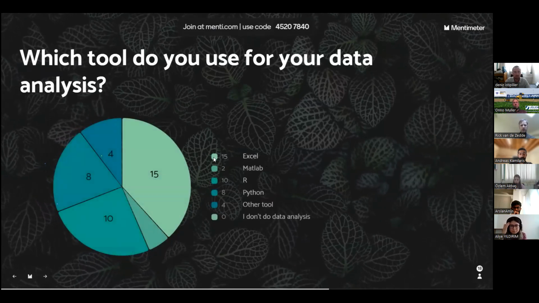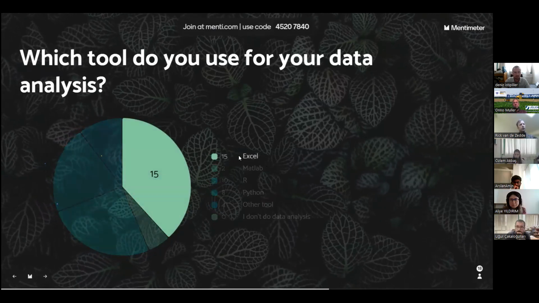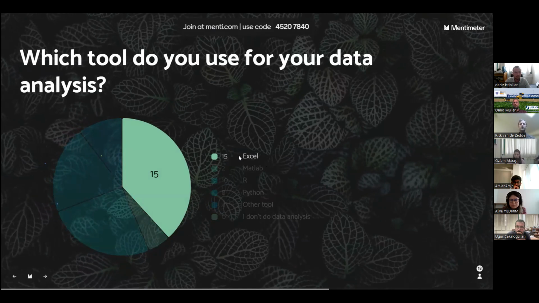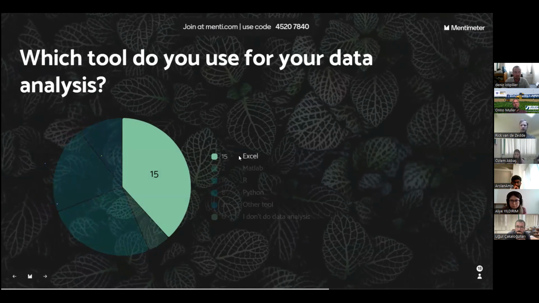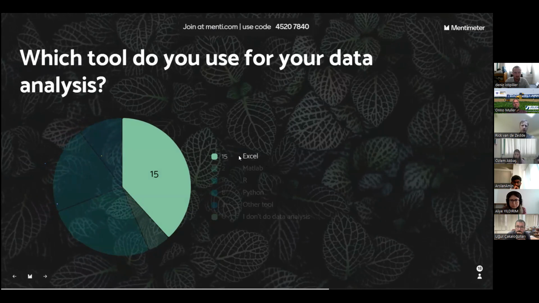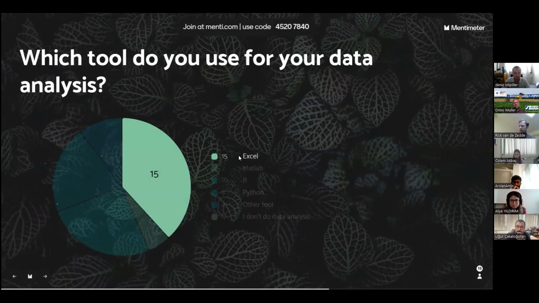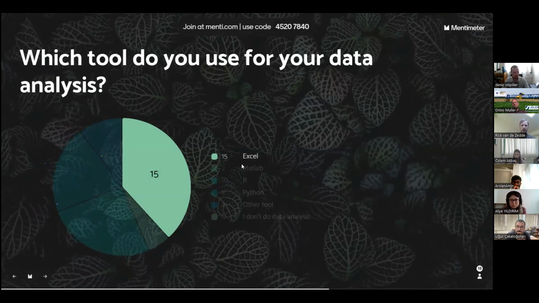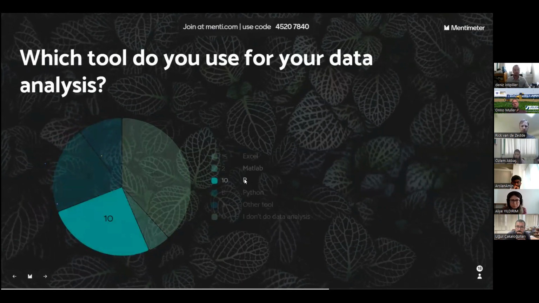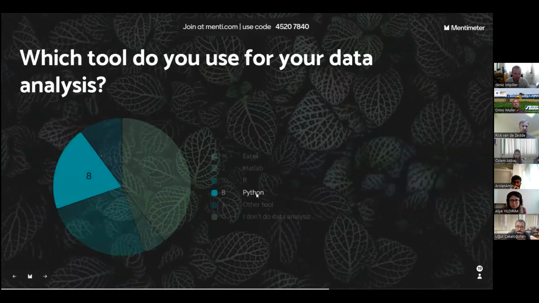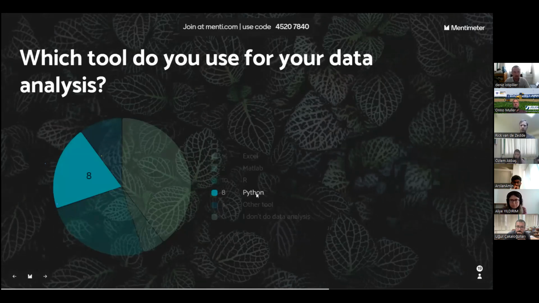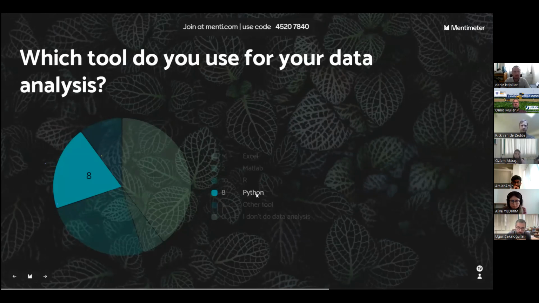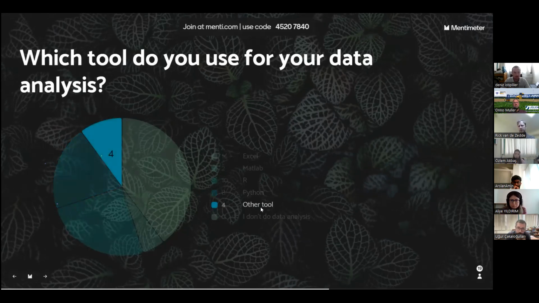Most of the researchers are using Excel or basic data analysis steps to make a graph, to compare some numbers, to look at your project budget, etc. A few use MATLAB. R is quite popular. Python is really quickly becoming the main development software language worldwide. And then there are many people that use all kinds of tools.